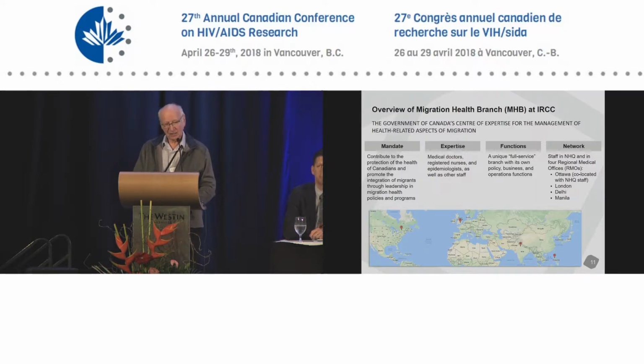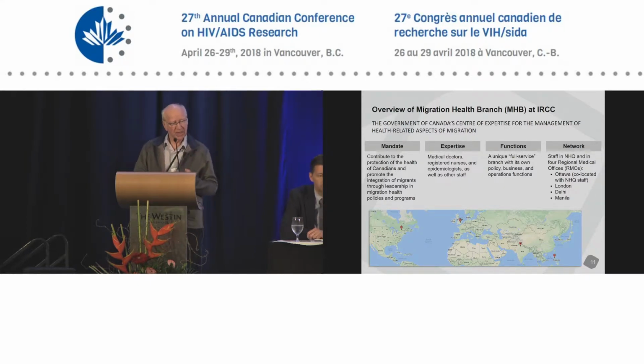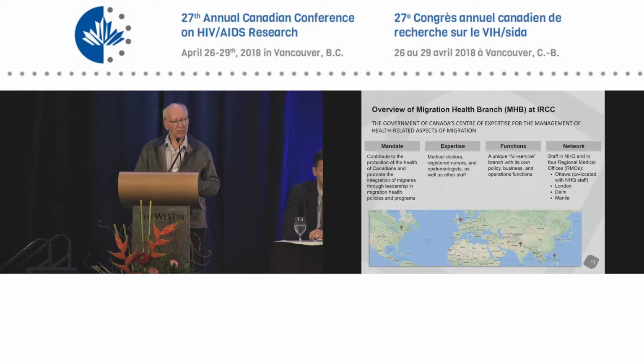We actually take this fairly seriously in IRCC and in Migration Health Branch. And the way we do this is by setting up regional medical offices where there is a Canadian medical doctor who works for IRCC who supervises the health aspects of migrant flow in the world.